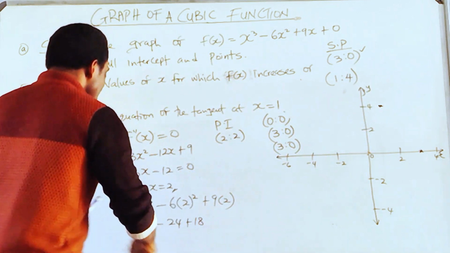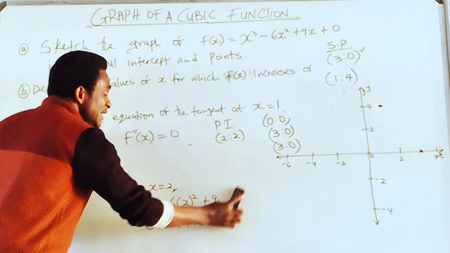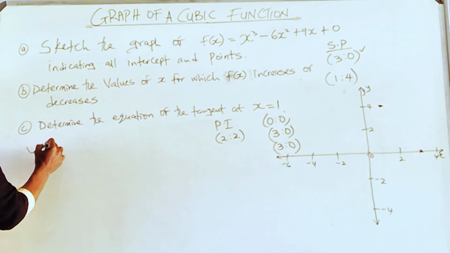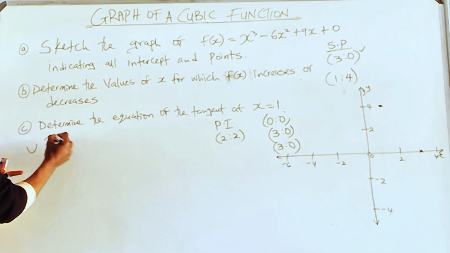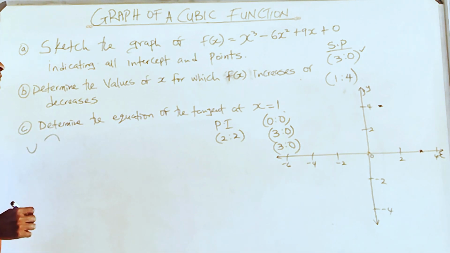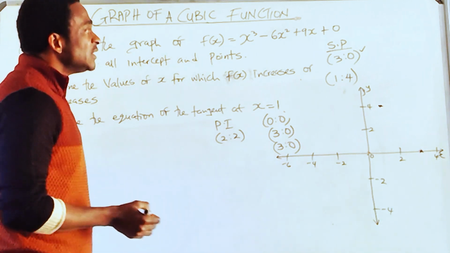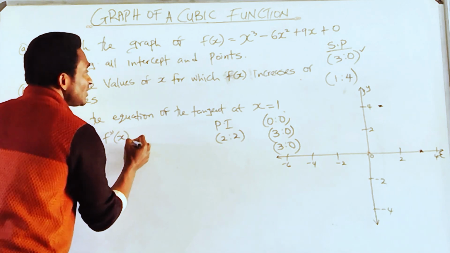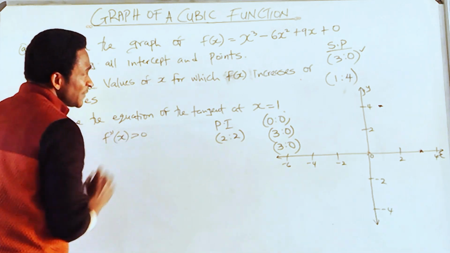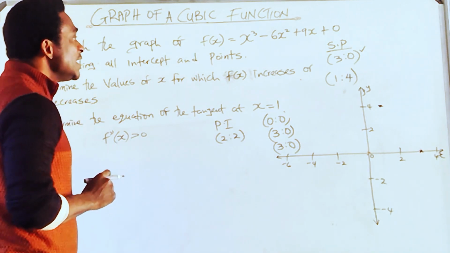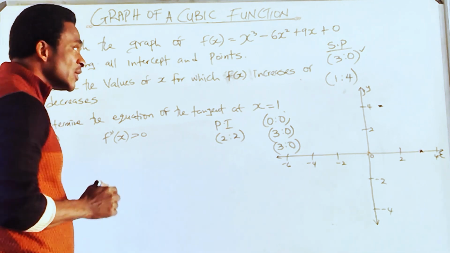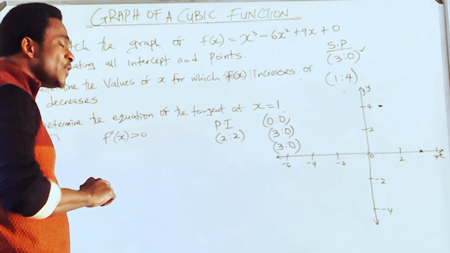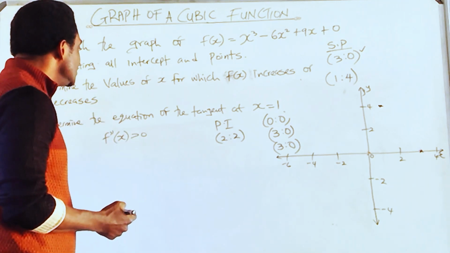There is also another way of figuring out which one is concave up, or which one is going to be going down. How do we figure this out? If our second derivative is greater than 0, then we know that we are going to have a concave up. If it is less than 0, we know we are going to have a concave down.